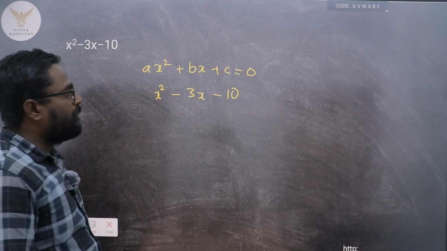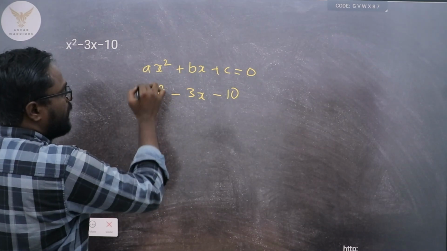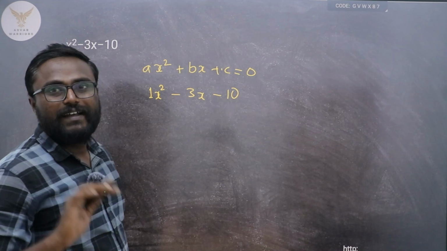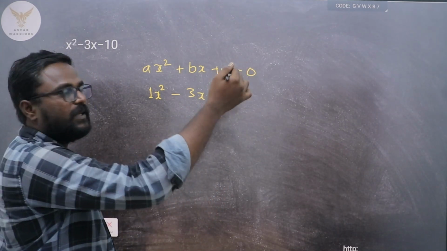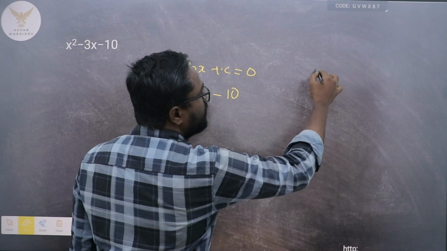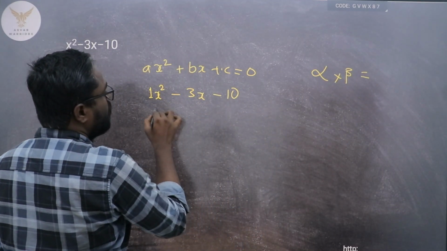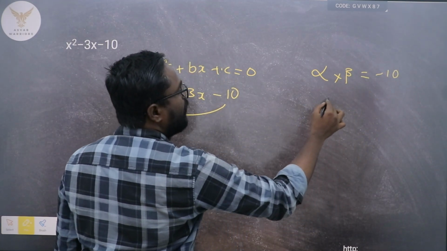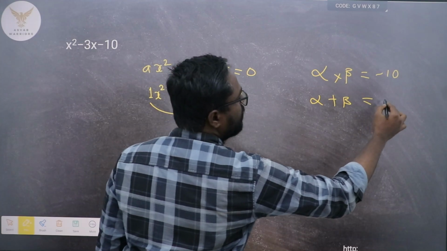Now a is equal to 1, b is equal to negative 3, c is equal to negative 10. So I need to find two such numbers. Alpha times beta should be equal to 1 times negative 10, which is negative 10, and alpha plus beta should be equal to negative 3.